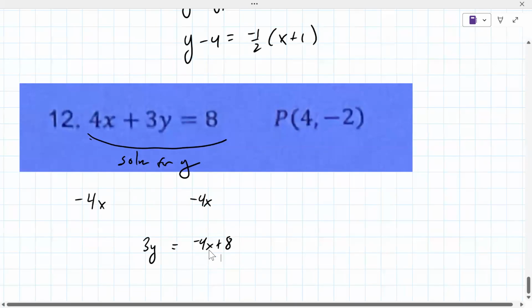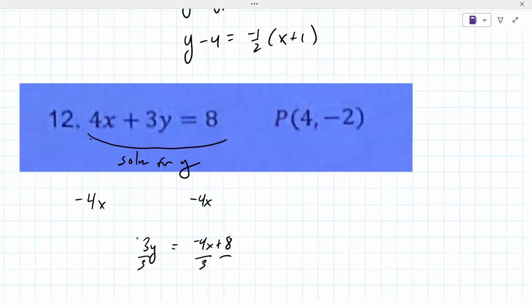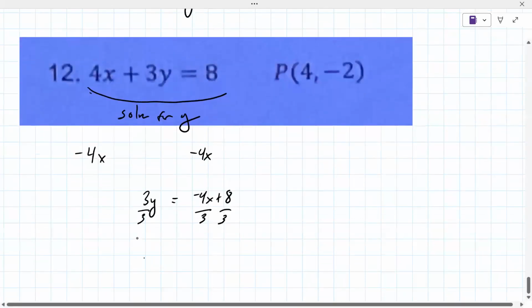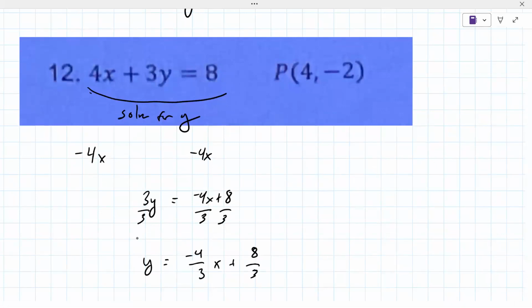Those don't combine. They're not like terms. And then you divide by 3. So maybe you're not sure how to say it, or it didn't come out exactly right, but this is the solve for y equation. Is that okay? Yeah.